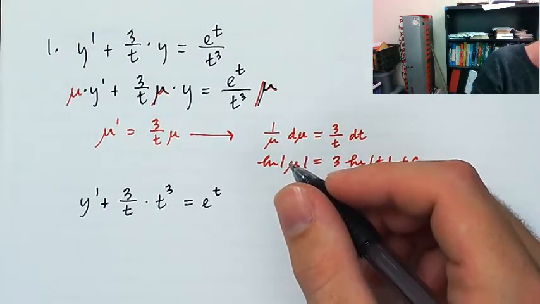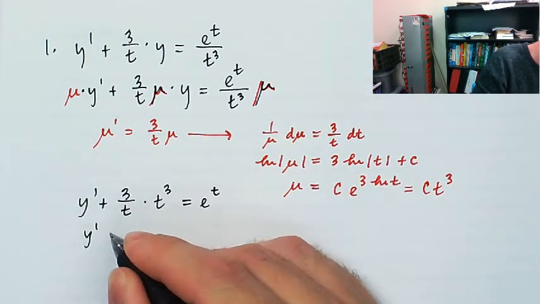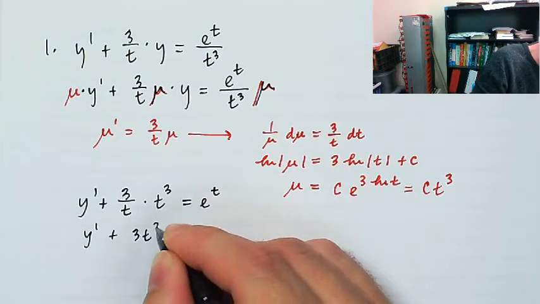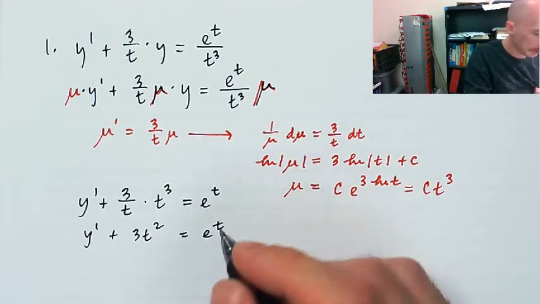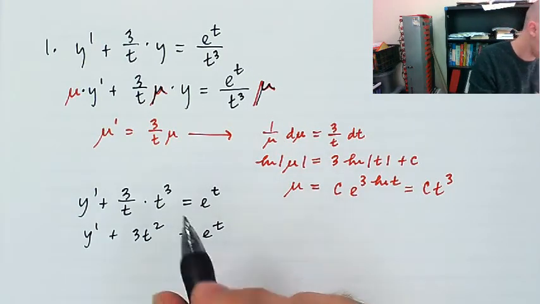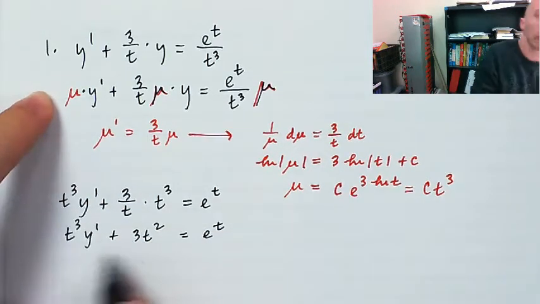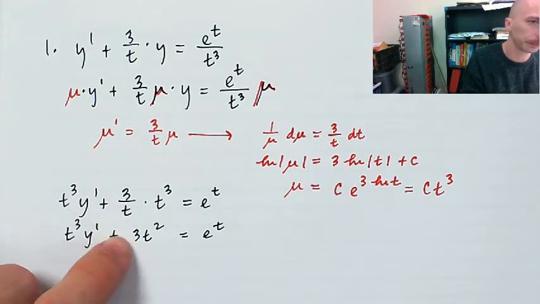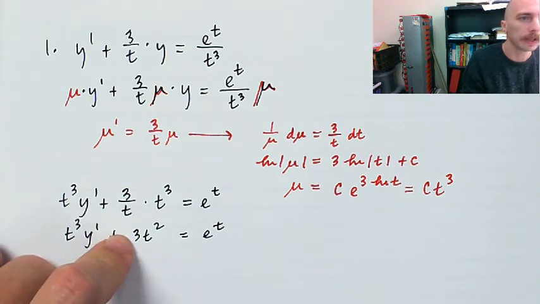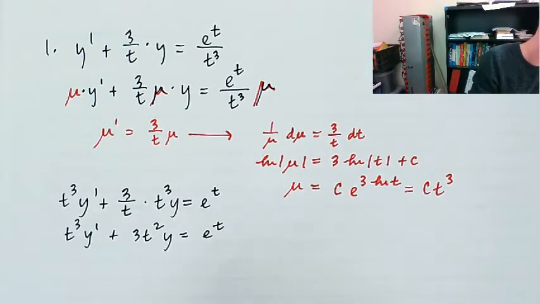Then, wait a second, I lost my mu y prime, t to the 3 y prime. I was going to say this does not look like a derivative that got taken using the product rule, and I lost that y also. Pardon me, this was here. But now this looks like a derivative that got taken using the product rule.